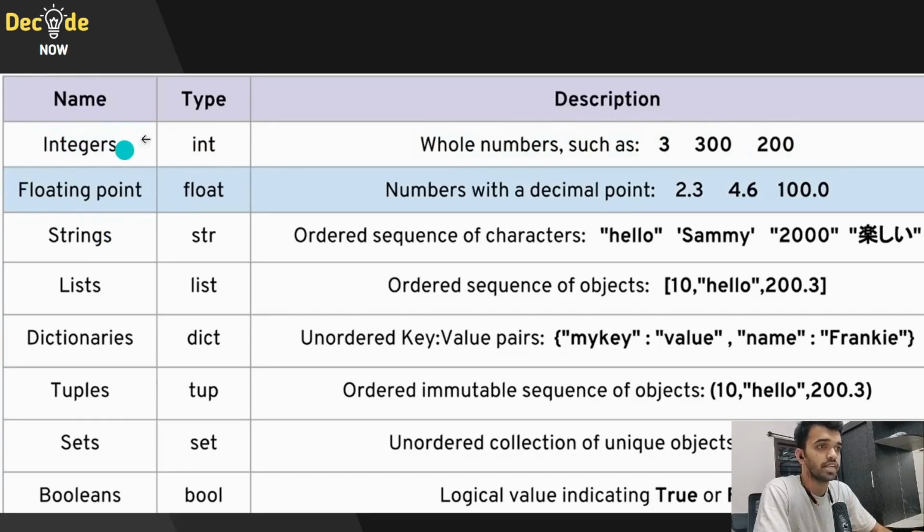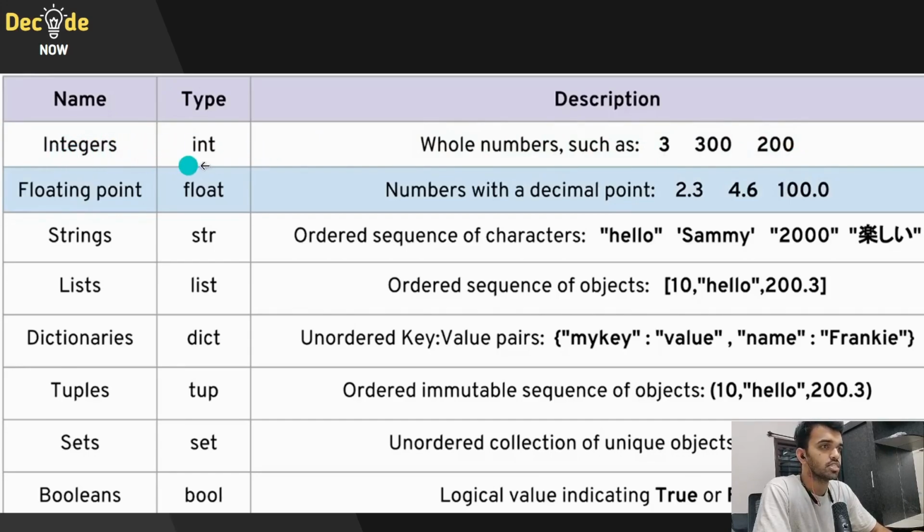Suppose we have integers, and Python refers to it with a short keyword called int. Similarly, for floating point, the short keyword is float. And for strings, it is str, and so on. On the right hand side, we can see description. As the name suggests, it provides a short description of the individual data type or structure along with a few examples. So let's go through these one by one.